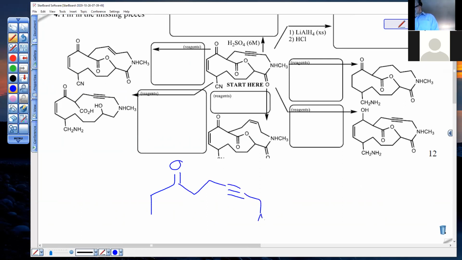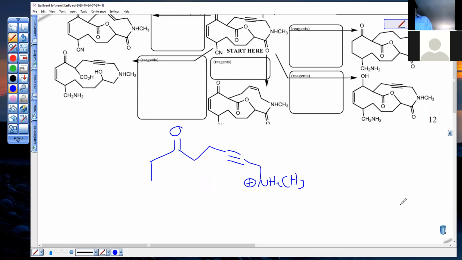So right here, I'm going to draw it down here. CH2, okay, and NH2CH3, you get an ammonium ion. And over here, we're going to get carboxylic acid, CH2, CH2, CH2, COH, that's hydrolysis of an ester.